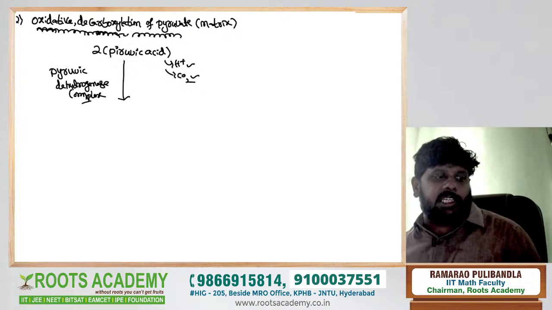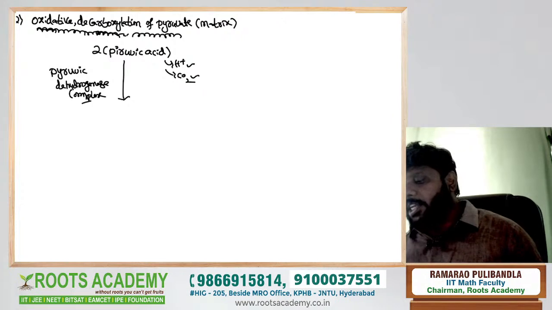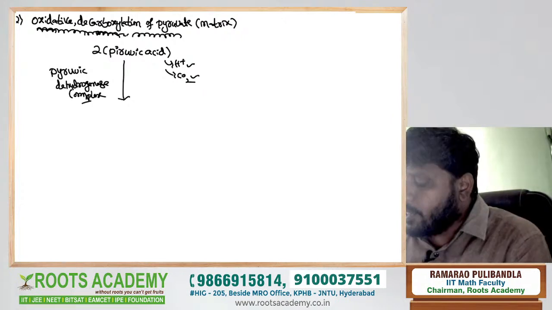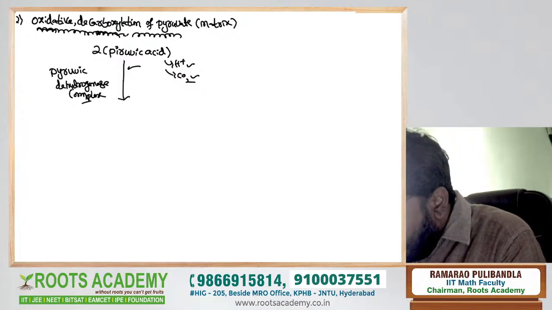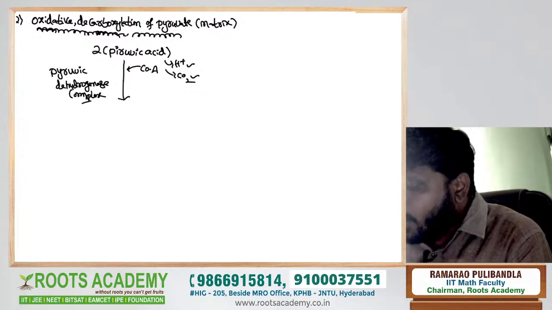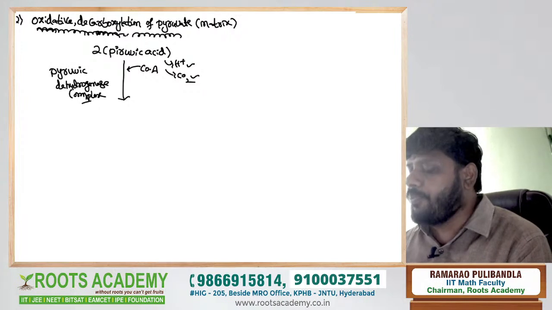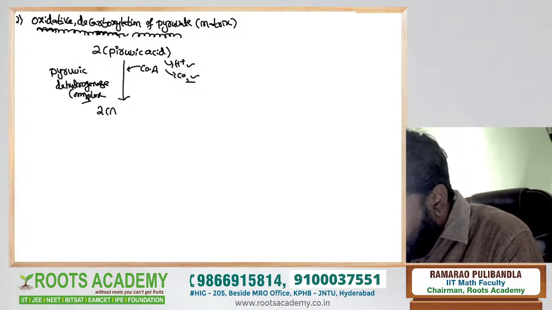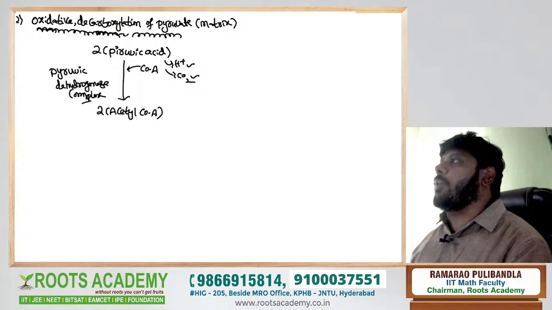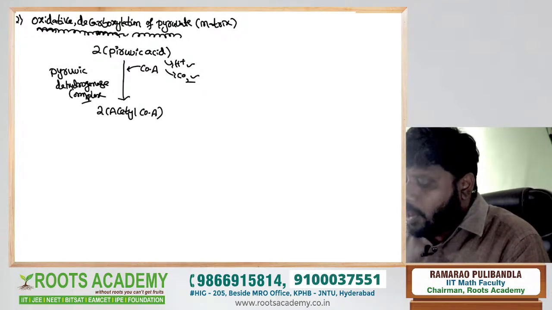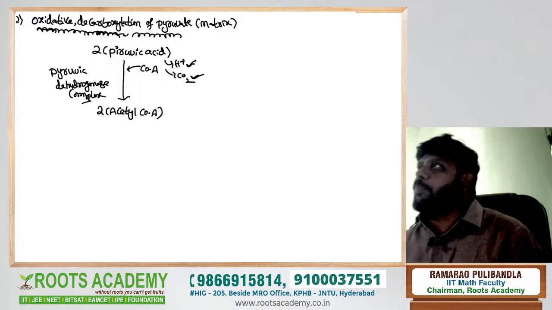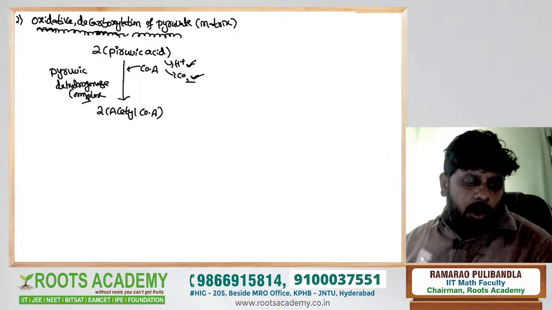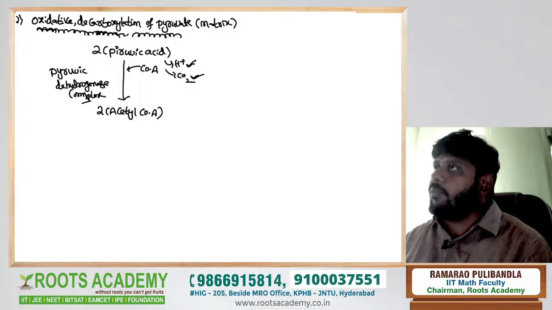It removes the hydrogens and CO2 from pyruvic acid and adds coenzyme A. As a result, the two molecules of pyruvic acid are converted into two molecules of acetyl coenzyme A.